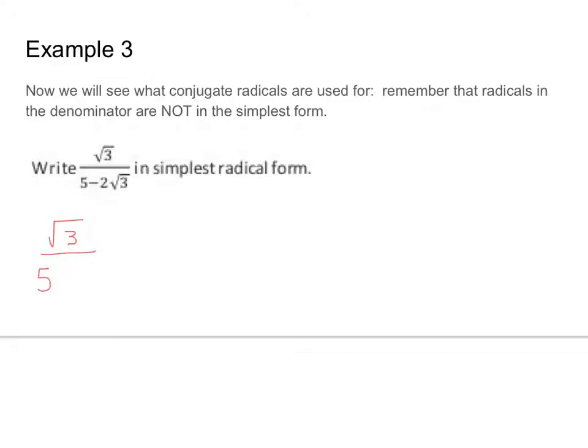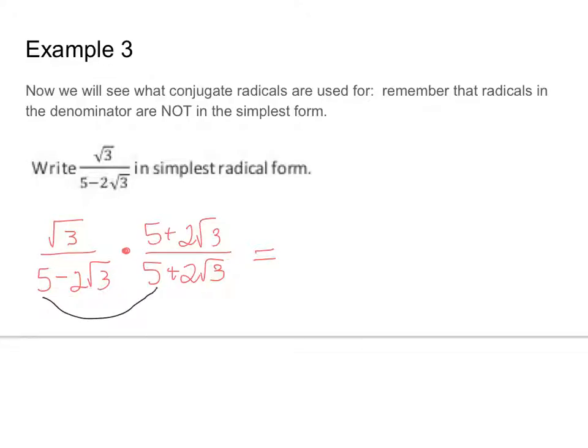So I need to multiply my fraction by an equivalent fraction, a fraction that is equivalent to 1, because I know that it's going to get rid of the radical in the denominator. So let's work through this. I'm going to do the bottom. I'm going to multiply it out, but you guys need to be able to do this without doing all the math if you're comfortable.